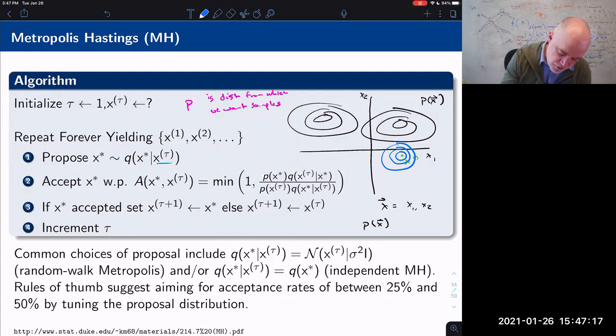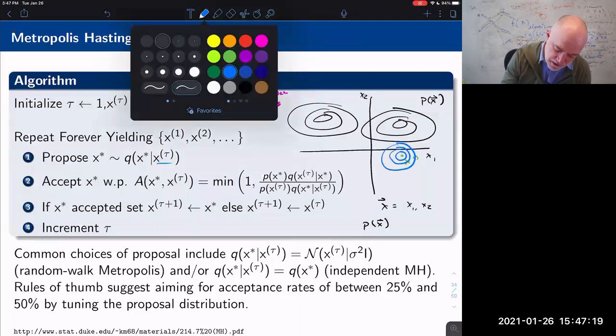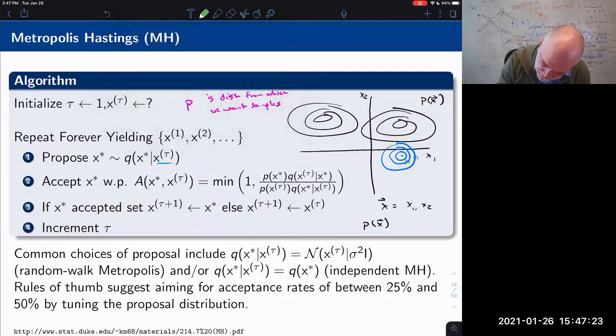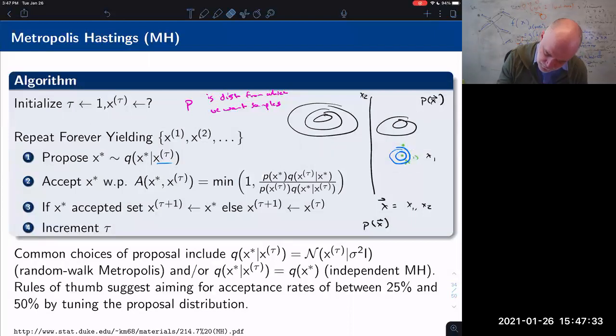And just for pedagogical convenience, let's say that X2 lands here. So like X star lands here. Fine, whatever. Okay.